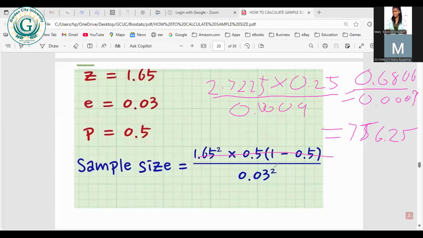Good morning, sir. Please, with the second formula, you said when the population size is not given, that's when you go for the second formula. Yes, it's unknown. So in a case the population size is known, can you still go with the second formula?